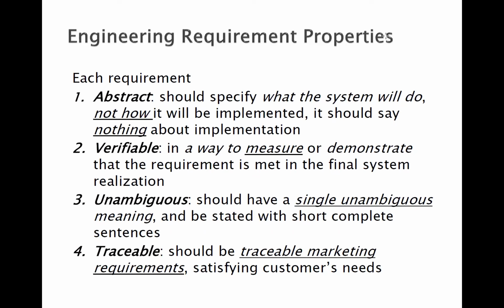Verifiable: there should be a way to measure or demonstrate that the requirement is met in the final system realization. So at the end of the design, we should be able to measure or demonstrate that the requirement is met.